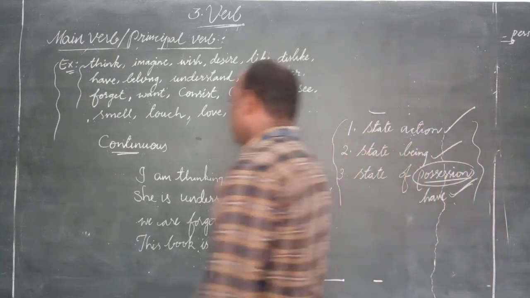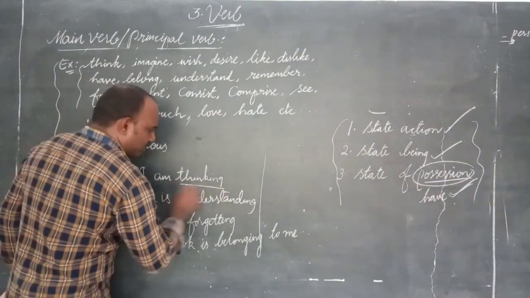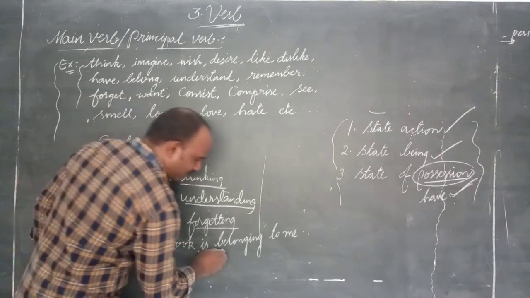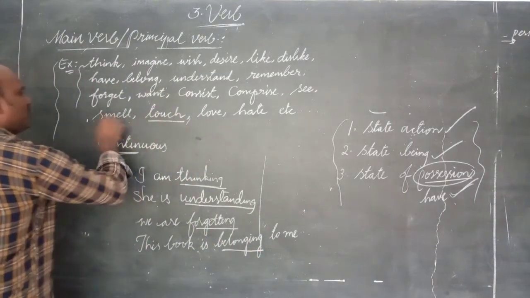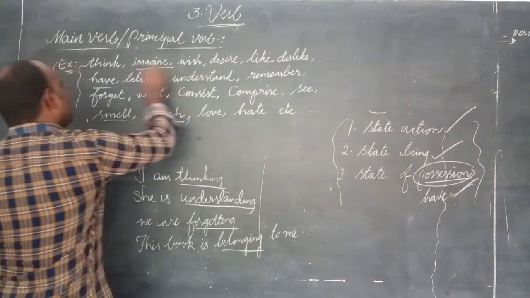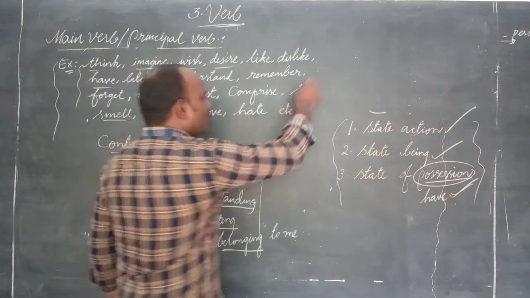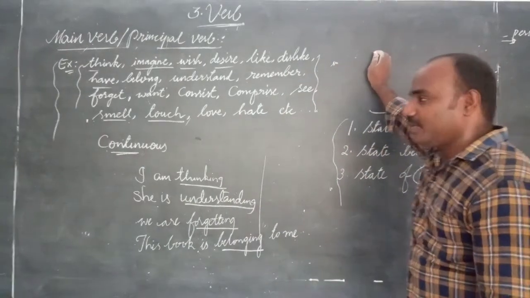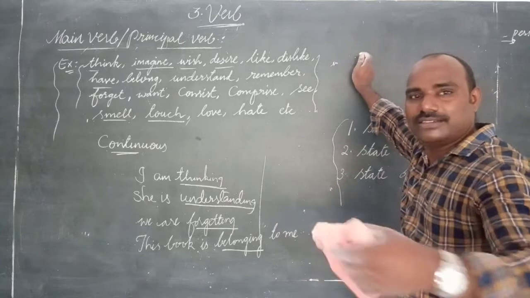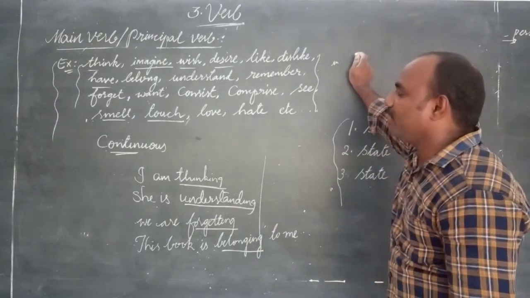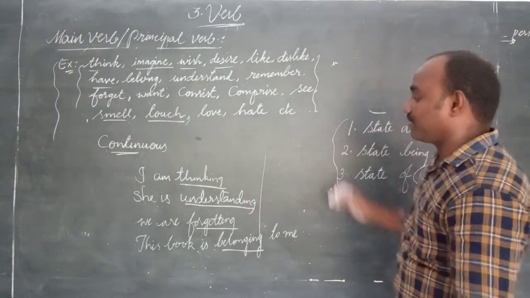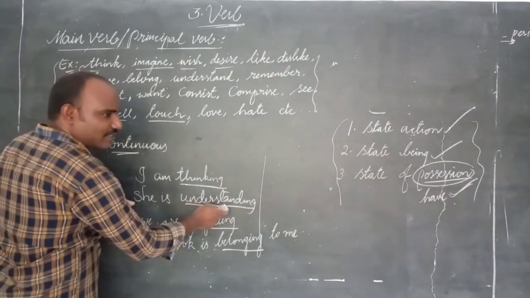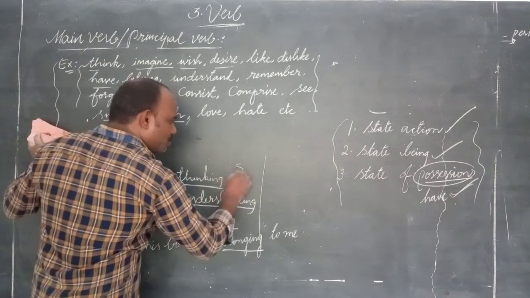These verbs, thinking, understanding, forgetting, belonging, touching, smelling, having, imagining, wishing, desiring, we should not use in continuous or progressive tenses, because there is no action. It tells us a state of being or state of possession. But what tense should we use? Instead of saying "she is understanding," you can say "she understands."